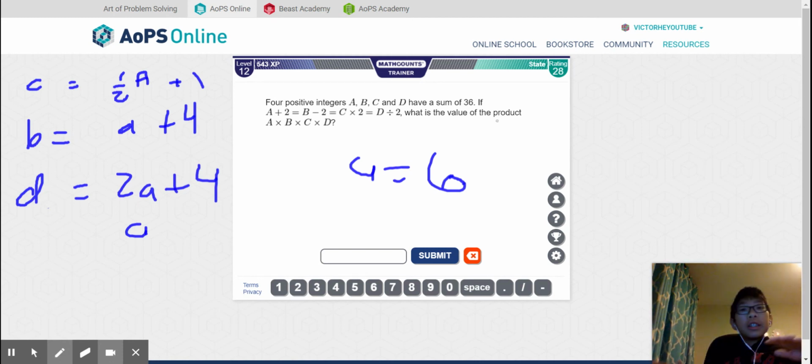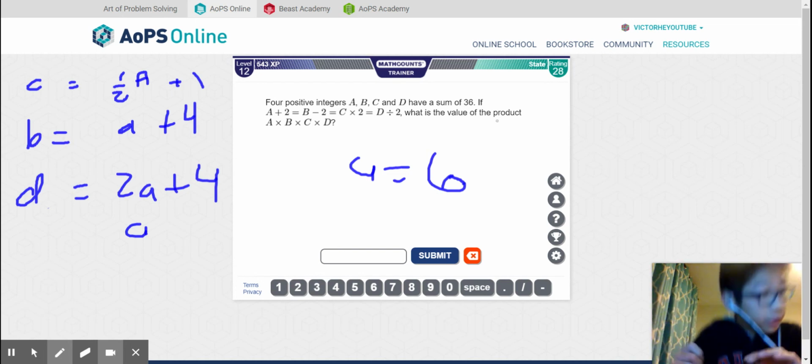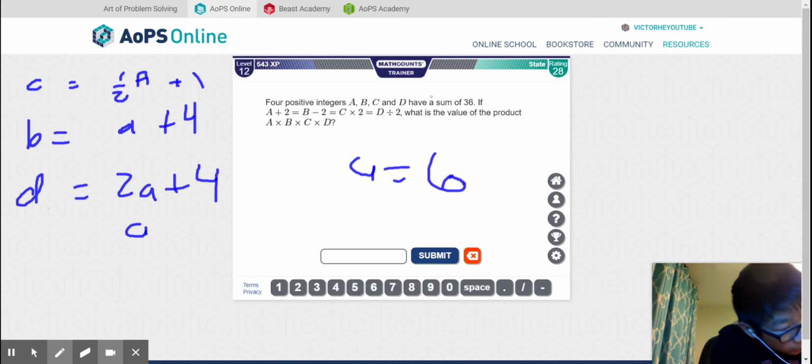Oh, okay, wait. So A plus 2 is 8, and 8 equals B minus 2, so B equals 10. Then A equals C times 2, so C equals 4, and A equals D divided by 2, so D is 16. Okay, so let me rewrite this. It is 6, 10, 4, and 16, and that equals 36. Okay, perfect. So 6 times 10 times 4 is 240. 240 times 16, let me calculate that real quick.